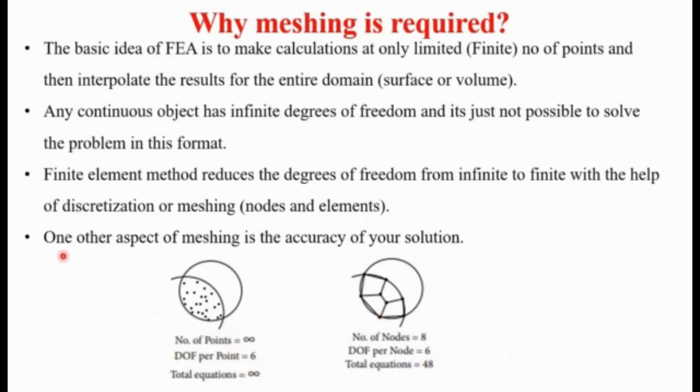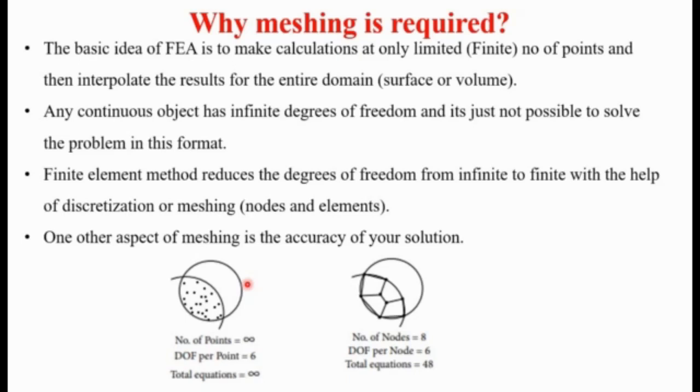One more aspect of meshing is the accuracy of your solution. The accuracy of the solution depends on the meshing, as we saw in the previous lecture. If the size of the element is small, or we can say fine meshing is there, then the accuracy increases.